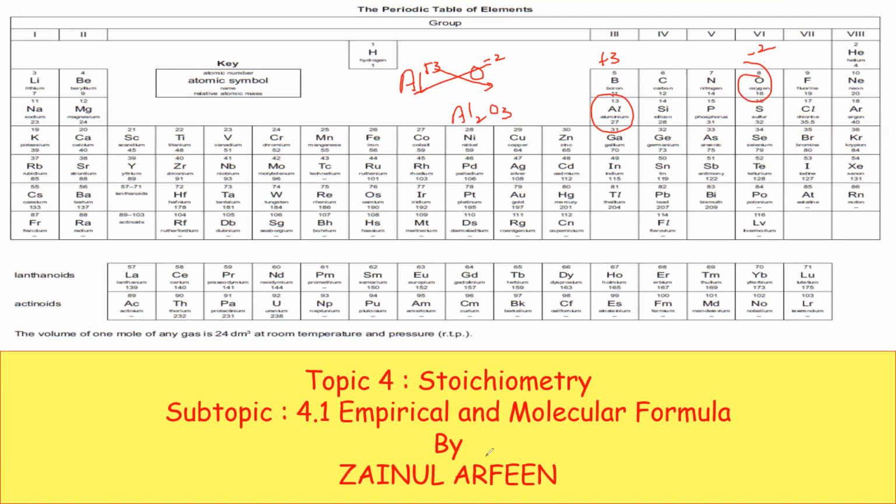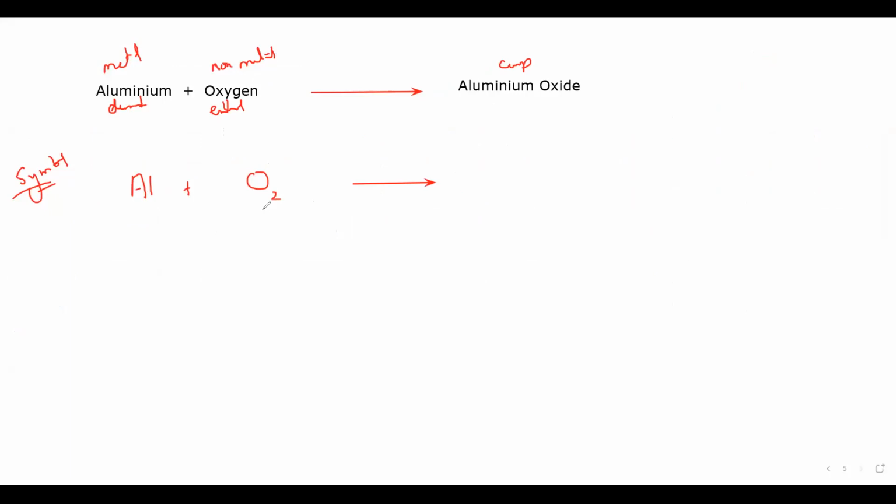So the formula for aluminium oxide: whenever we have a non-metal element, in nature they exist as a molecule. So oxygen is O2, nitrogen is N2.